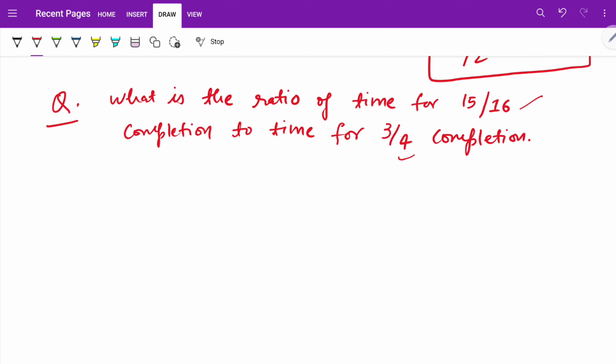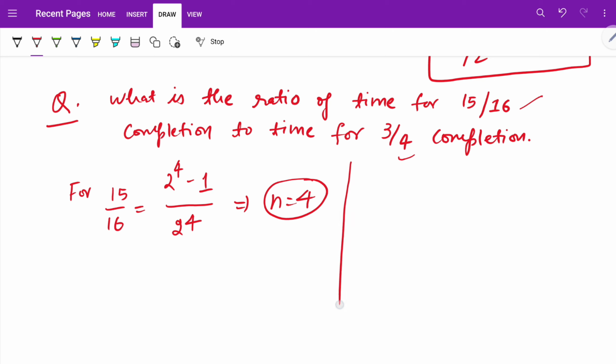So I can directly apply this shortcut method. For 15 by 16, 16 can be written as 2 to the power 4 and 15 is 2 to the power 4 minus 1. That means here we are getting n value as 4. Second part, for 3 by 4, I can write it as 2 to the power 2 minus 1, because I have to find 3 by 4.